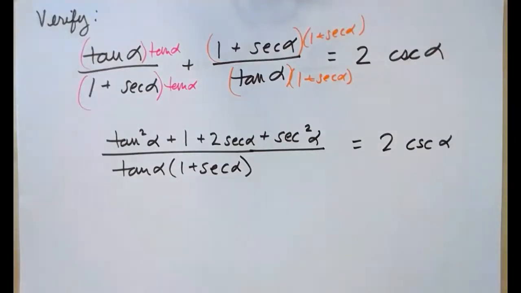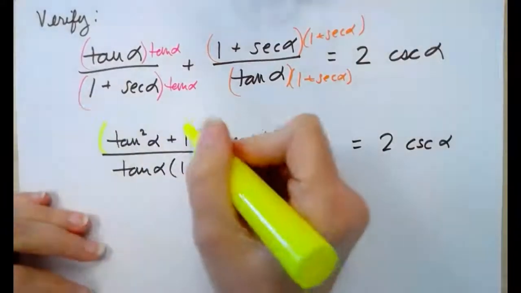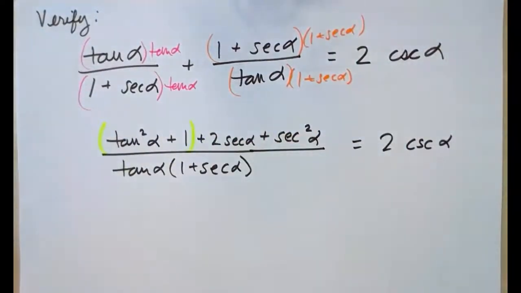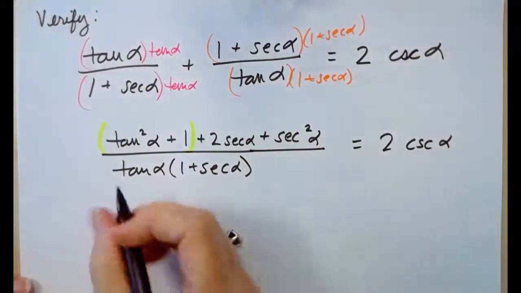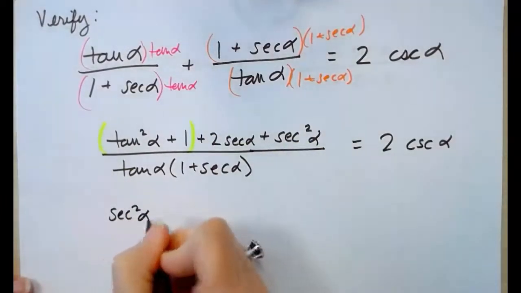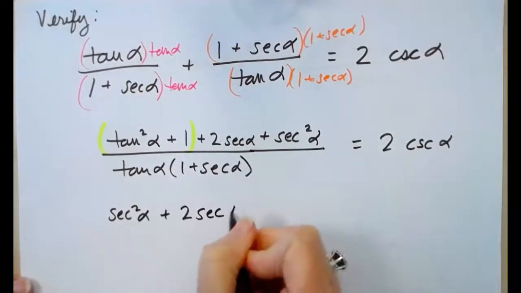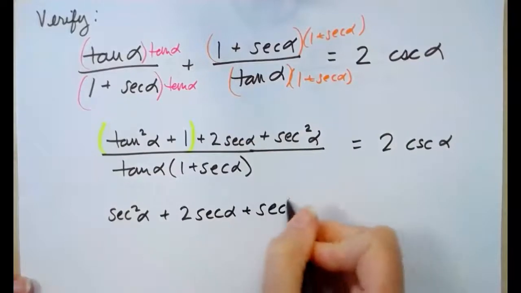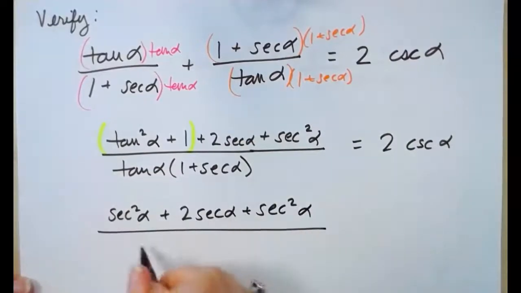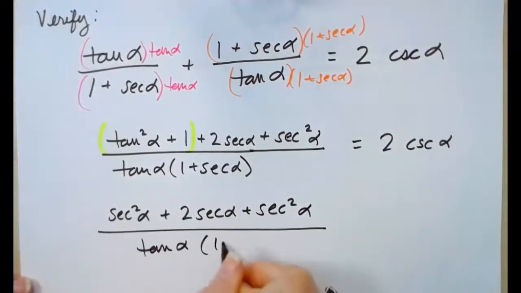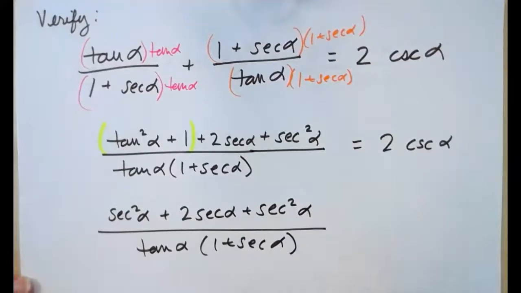So here's the next thing I see. I see a Pythagorean identity, and there it is, right there. Tan squared plus 1 is actually equal to secant squared. So we've got secant squared alpha plus 2 secant alpha plus another secant squared alpha over tan alpha times 1 plus secant alpha.